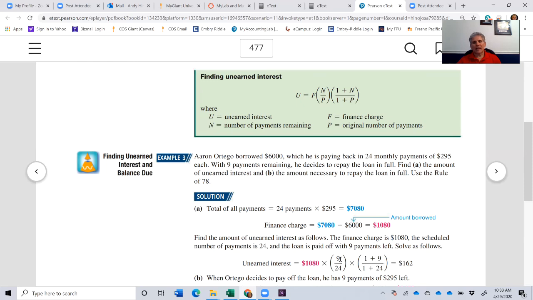So 9 payments remaining divided by the total number of payments, P, which is also given, 24. 9 over 24 multiplied by 1 plus 9 divided by 1 plus 24. If we compute this out using the calculator, we'll come up with $162.